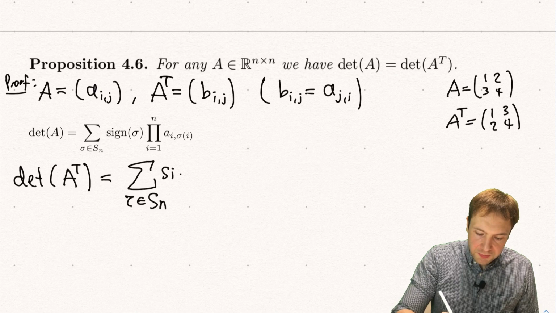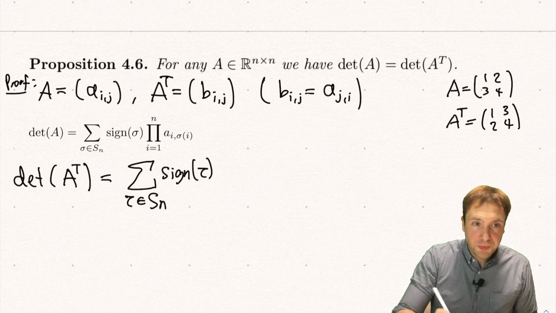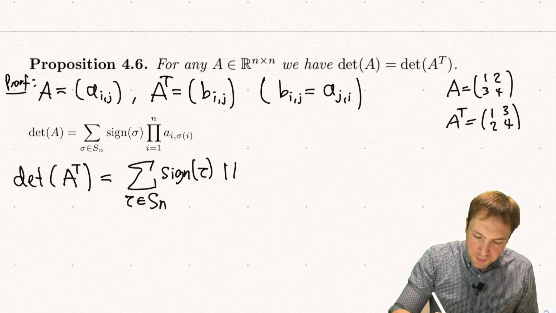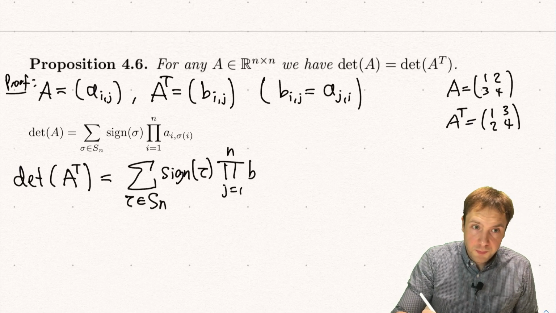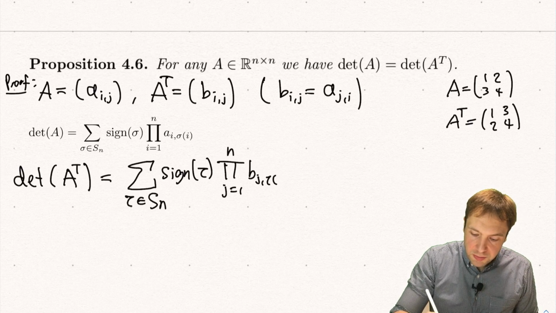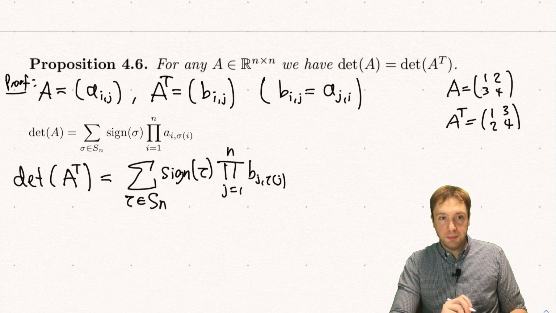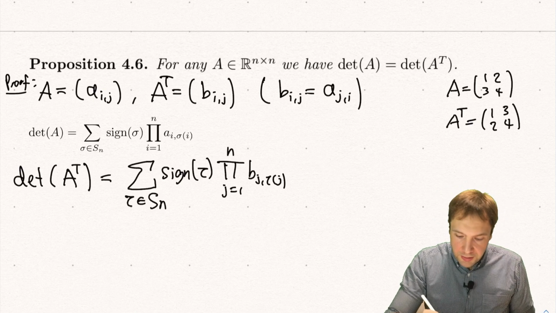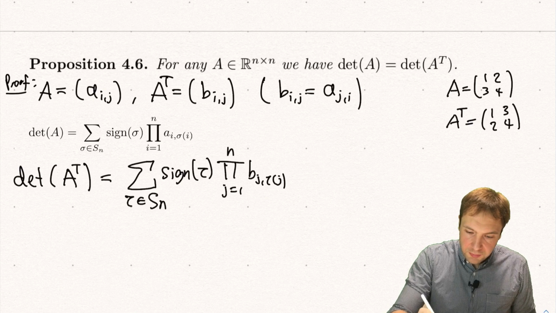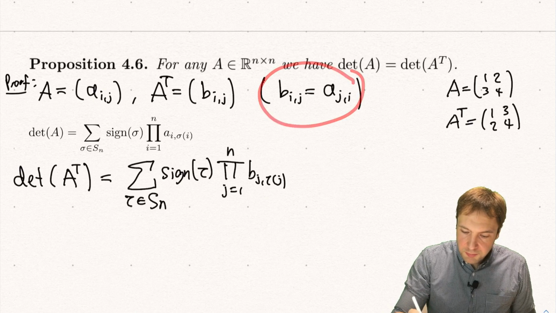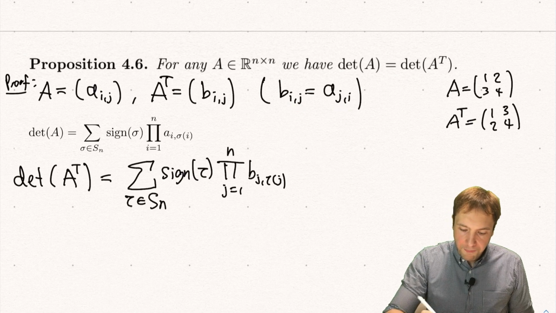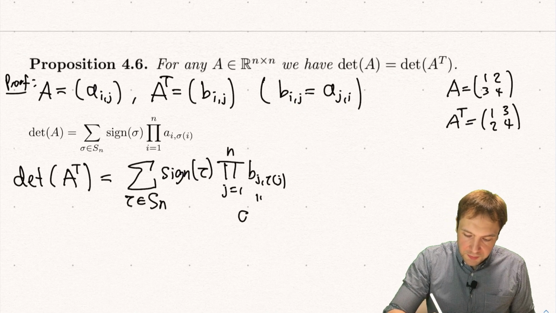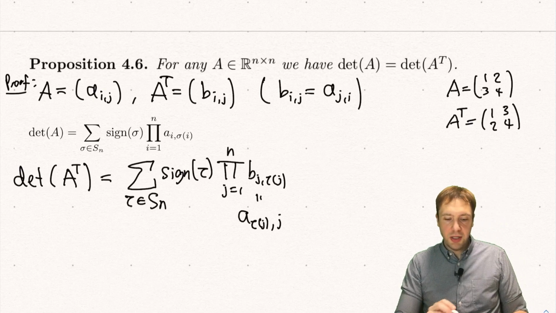So this is the sign of tau, and here we take the product j from 1 to n of b_{j, tau(j)}. And remember, because this is the transpose, it's just changing rows and columns. So this is a_{tau(j), j}.